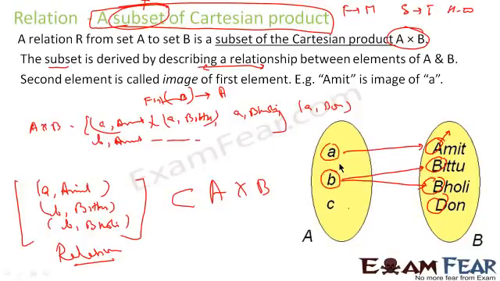To create a subset, there should be a relationship between A and B. Here the relationship is that for the elements in B, the first letter should be an element of set A.